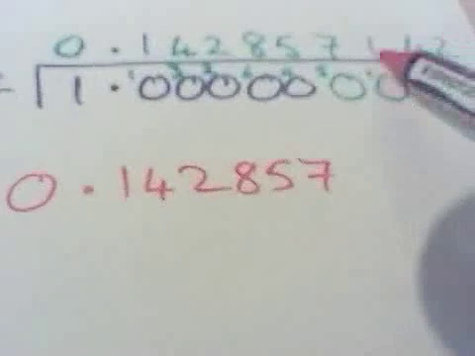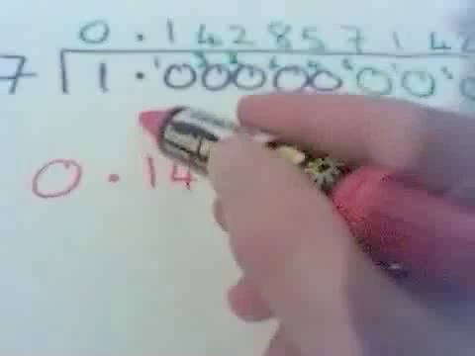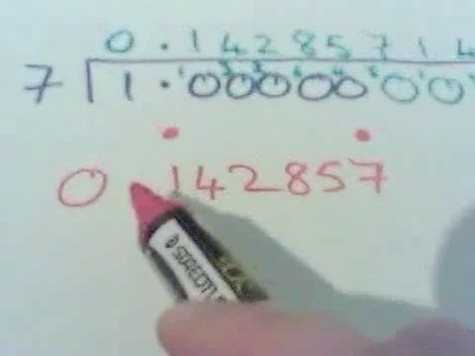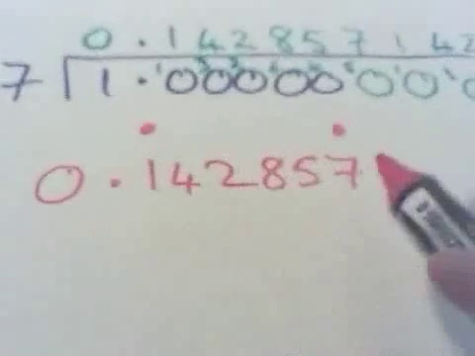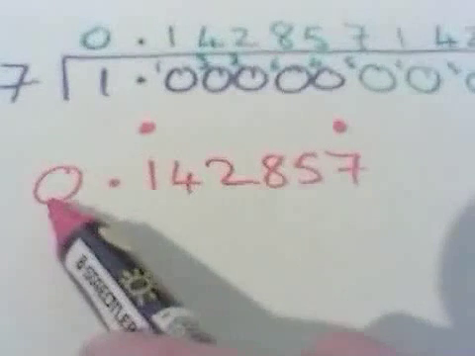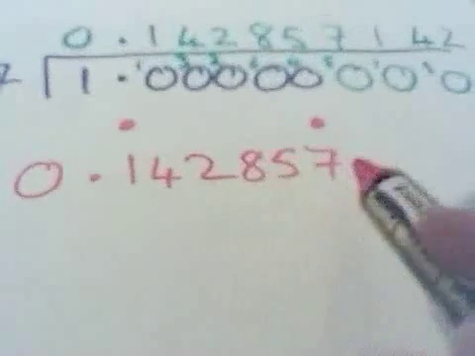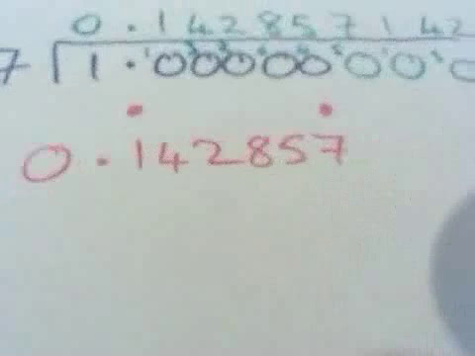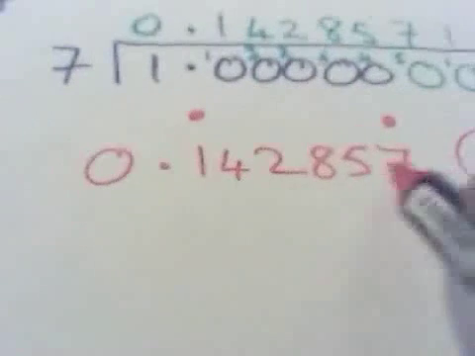Now, at that point we get the 142 coming back in. So I have to put my dots. We put the dots above the first and the last number that repeats. So this would actually read as 0.142857, 142857, 142857. And there you have it, a recurring decimal written a little bit differently.